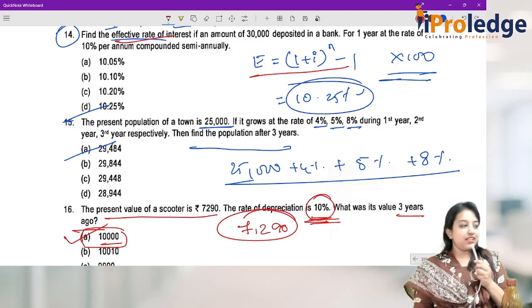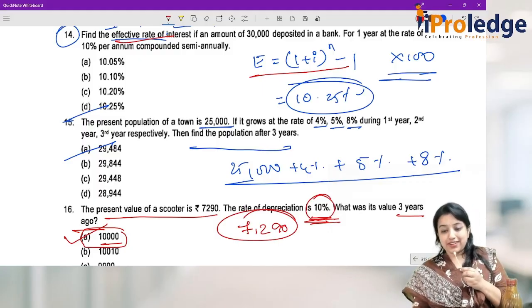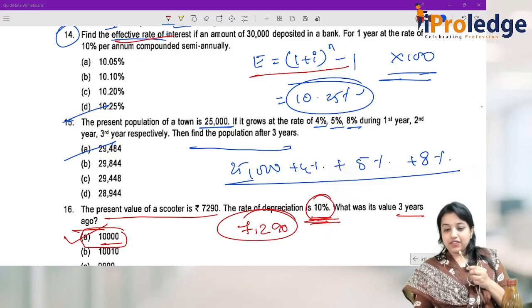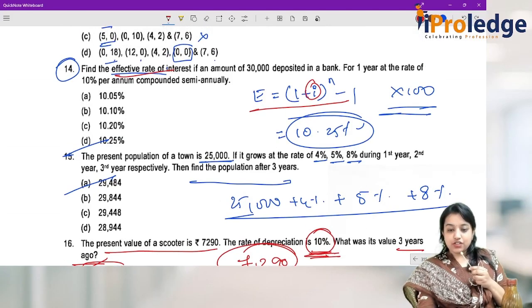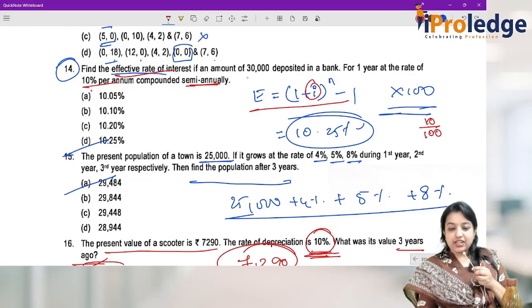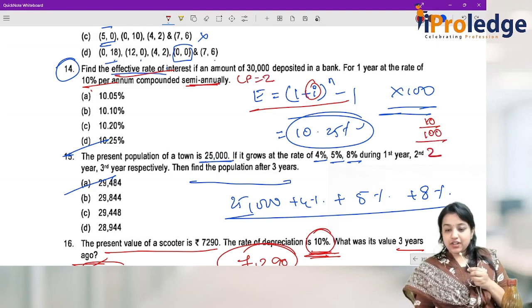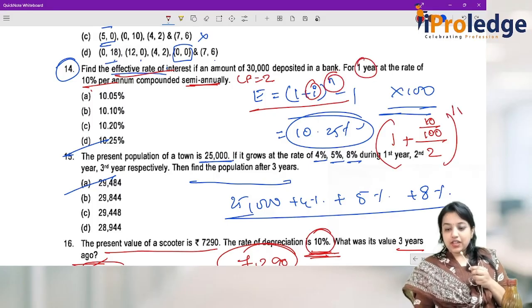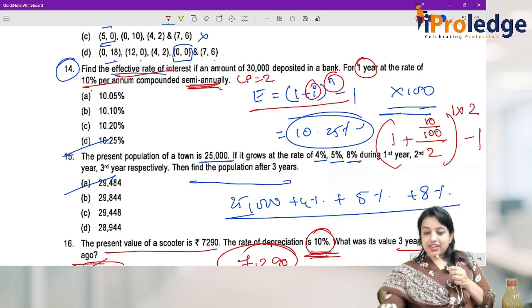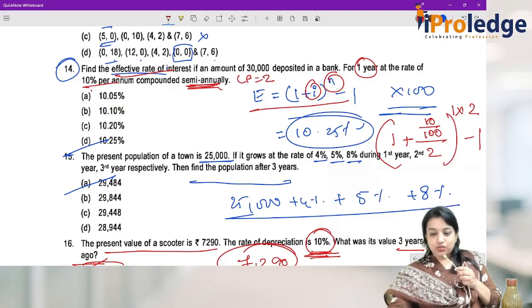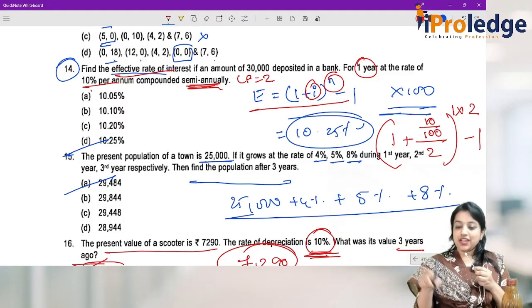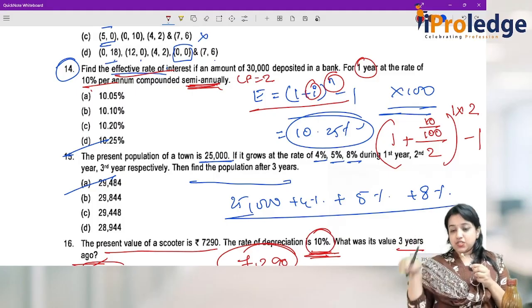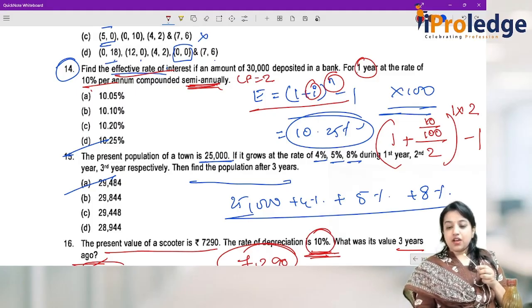Then you have to multiply it by 100. Here i is 10 divided by 100, and semi-annually the CP will be 2, so 10 divided by 100 divided by 2, plus 1, whole power n. The number of years is 1, into CP which is 2, so the power is 2. Then minus 1, and go with into 100 at last.